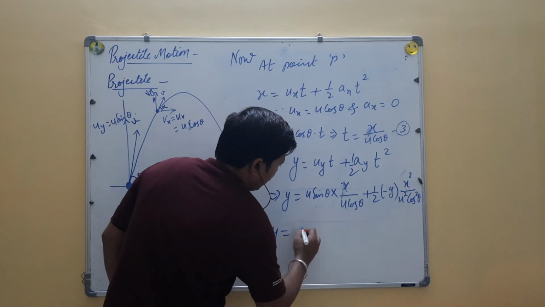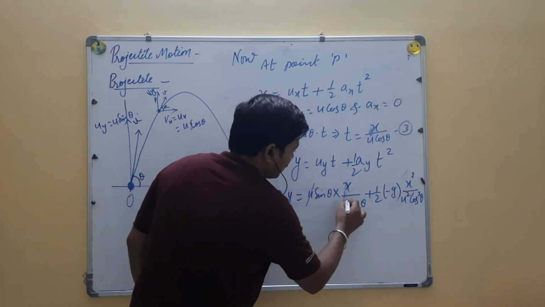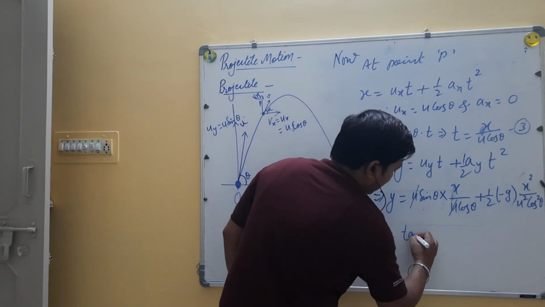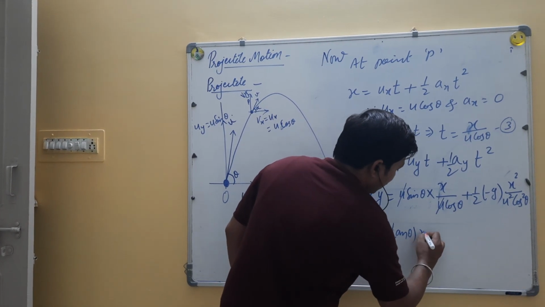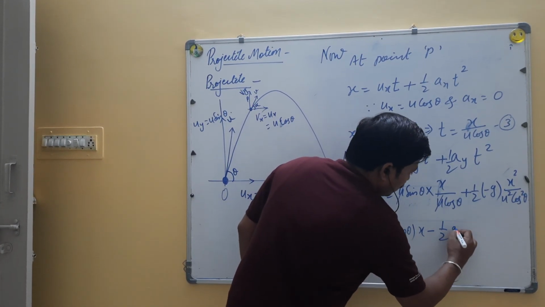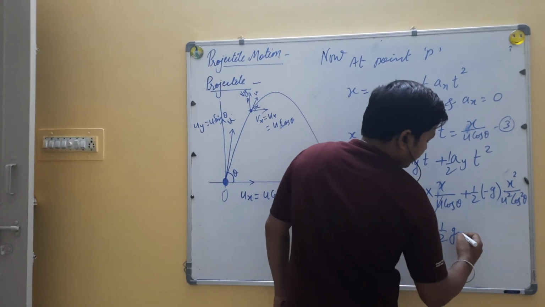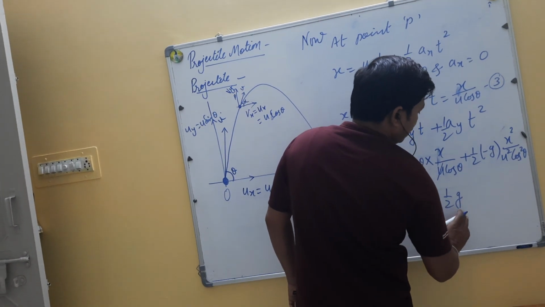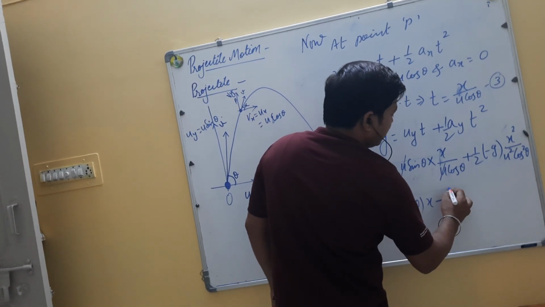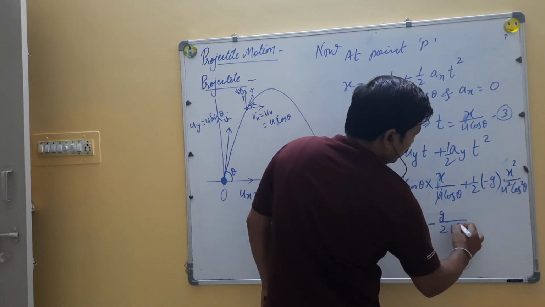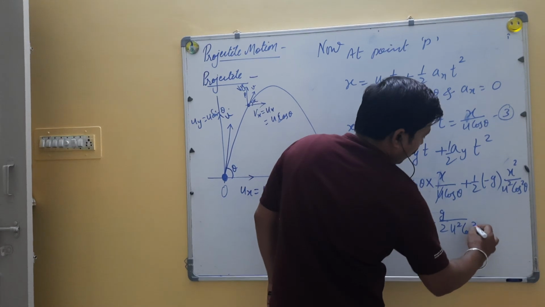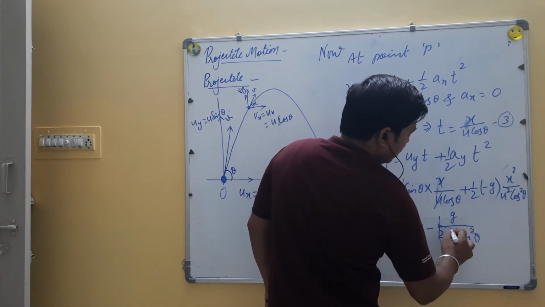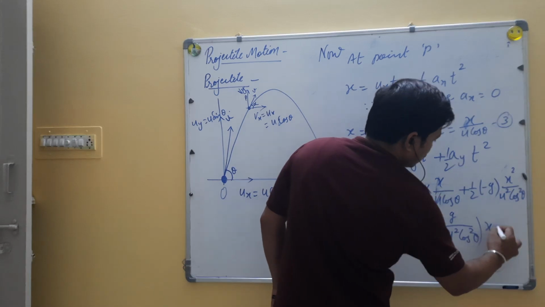So y is equal to, you can see that u is cancelled by u, sin theta upon cos theta, that is tan theta. So tan theta into x minus 1 by 2 g, or you can write it as g by 2 u square cos square theta into x square.